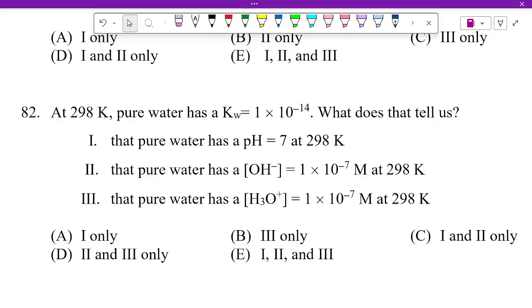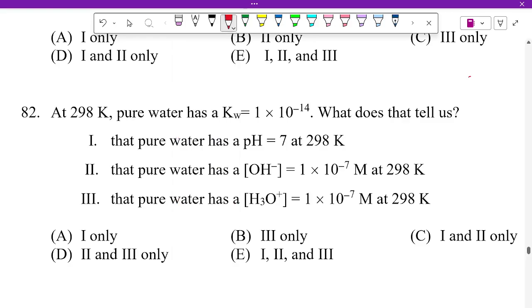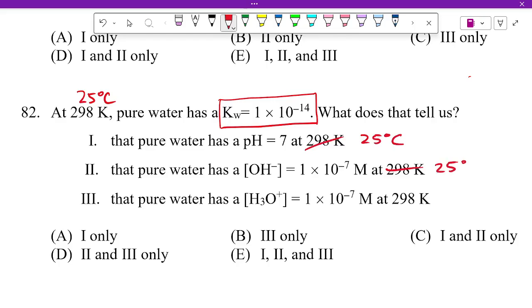If that's the case, what temperature are we in Celsius? We're at 25 degrees Celsius. So if that makes you more comfortable, you can just say 25 degrees Celsius. If it's the Kelvin that's messing you up, don't worry.